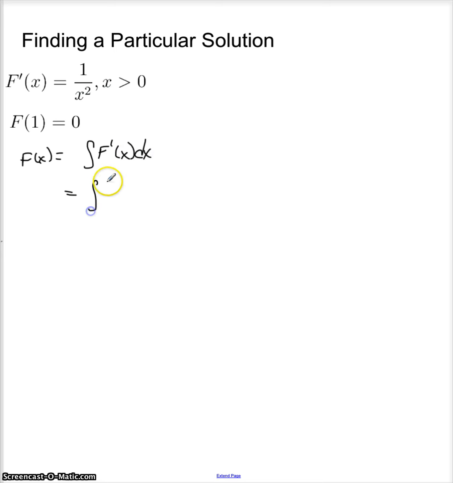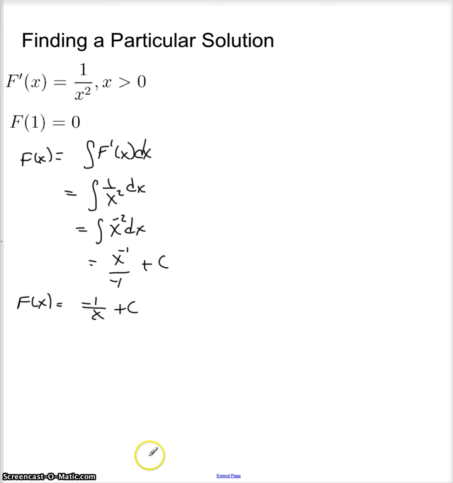So this is the integral of 1 over x squared dx. Let me rewrite this as the integral of x to the negative 2 dx. And this integral, you raise the power by 1, so it's x to the negative 1 divided by negative 1 plus a constant. So I know that f of x is equal to minus 1 over x plus c.